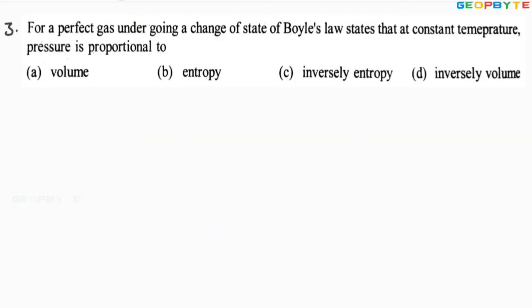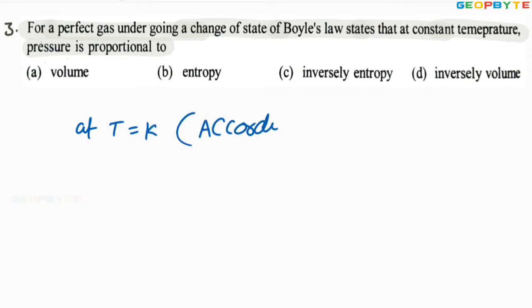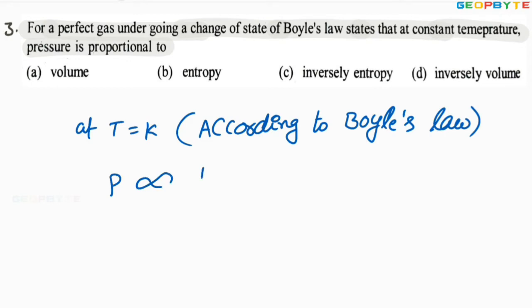Look at the next problem. For a perfect gas undergoing change of state, Boyle's law states that at constant temperature, pressure is proportional to... According to Boyle's law, the pressure is inversely proportional to its volume.